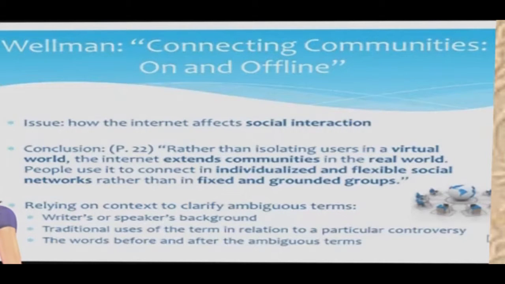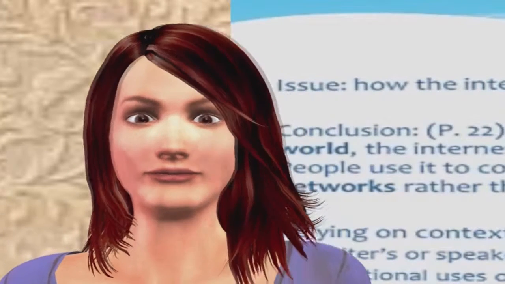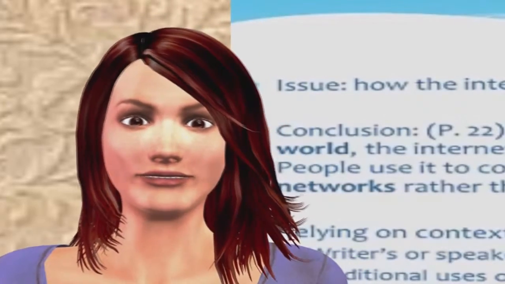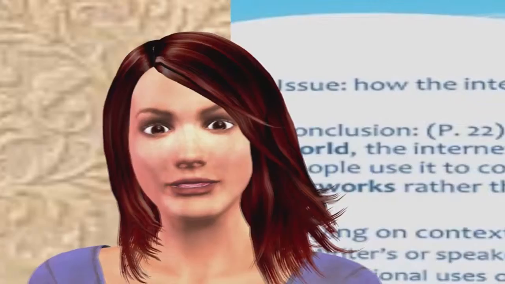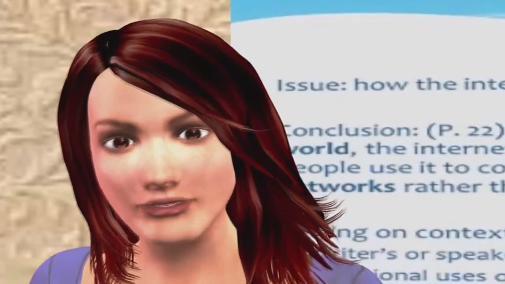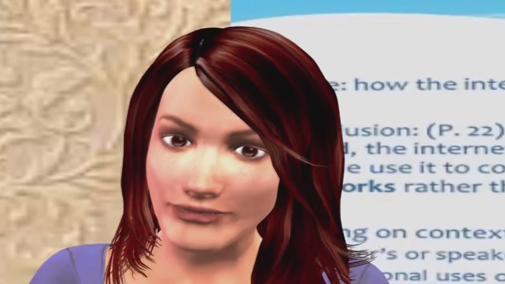In terms of the second key tip, traditional uses of the term in relation to a particular controversy. Well, virtual world versus real world, those can be very ambiguous, but chances are that you all, given that we have been part of the internet revolution for well over the last decade, many of you have probably been online for all of your adult lives, and of course, depending on your age. I know I'm making a big assumption there.